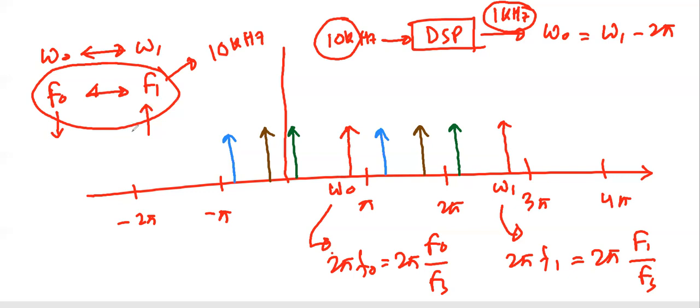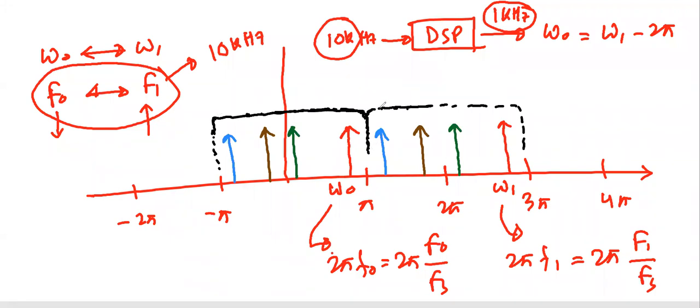So by this, let me choose the black color. Whatever you have after twice pi to thrice pi, you have the same thing inside minus pi to plus pi. You have learned it. Inside minus pi to plus pi, whatever you have is repeated between pi to thrice pi.